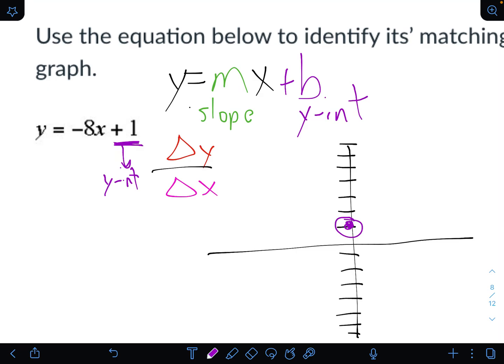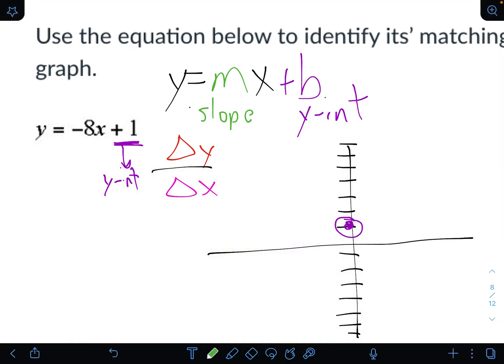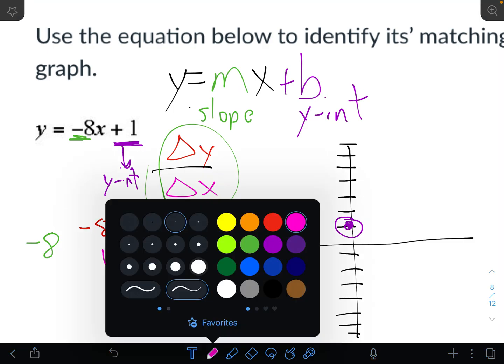Now, next, we're going to get with the slope. Now, the slope, you may be like, well, Mr. Schneider, the slope's -8. It is. And slope is your change in y over change of x. Oh, but that's a fraction. Okay, so let's put -8 as a fraction. So -8 is our slope. And as a fraction, that would be what? -8 over 1?